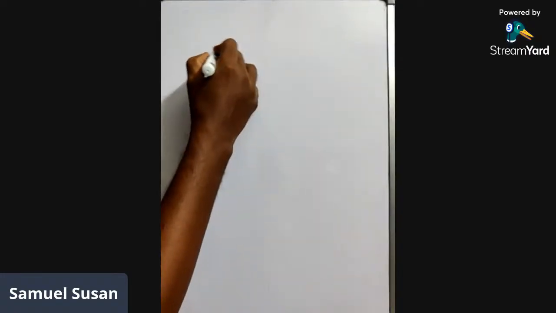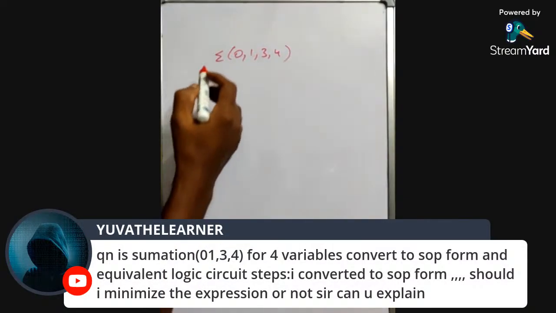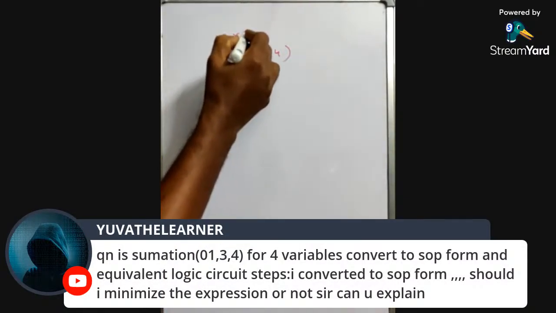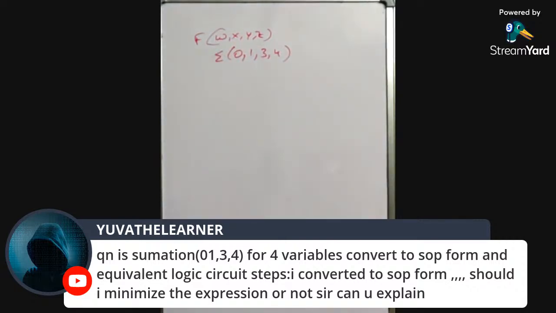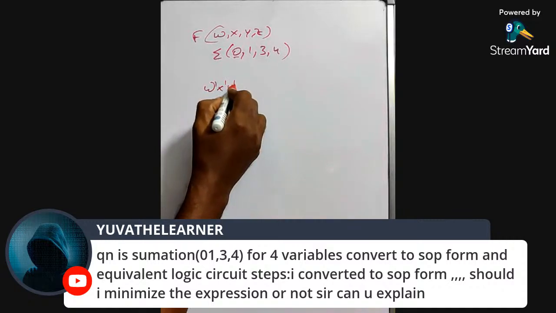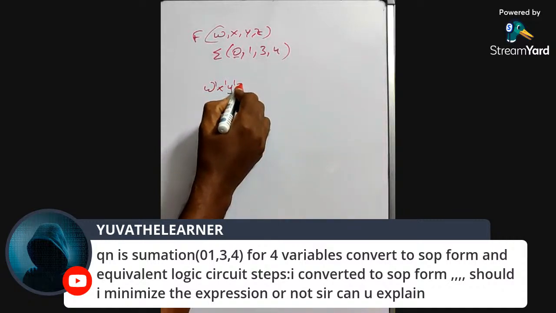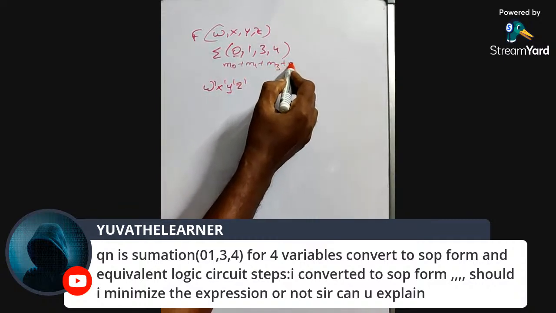that is sigma 0, 1, 3, 4. So generally here the expression will be given like W, X, Y, Z, whatever, or A, B, C, D. So let us take W, X, Y, Z. When you write this, 0 is W bar, X bar, Y bar, Z bar. So this is nothing but M0 plus M1 plus M3 plus M4.